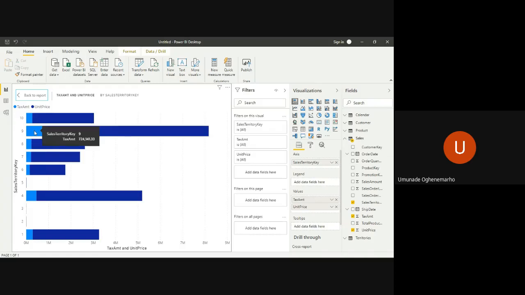This helps you in cases where you have more than one categorical value to use. That is where your stacked charts come in handy. Do you understand that?